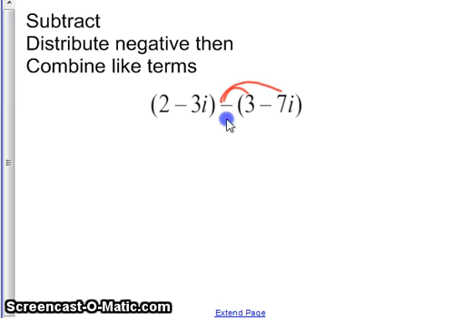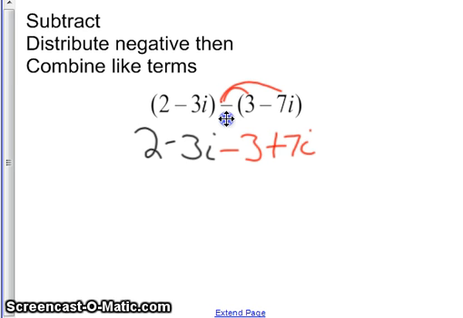The first parenthesis is coming down exactly as it is, so I have 2 minus 3i. And now I'm going to change the sign in the second parentheses, so it becomes -3 and then plus 7i.